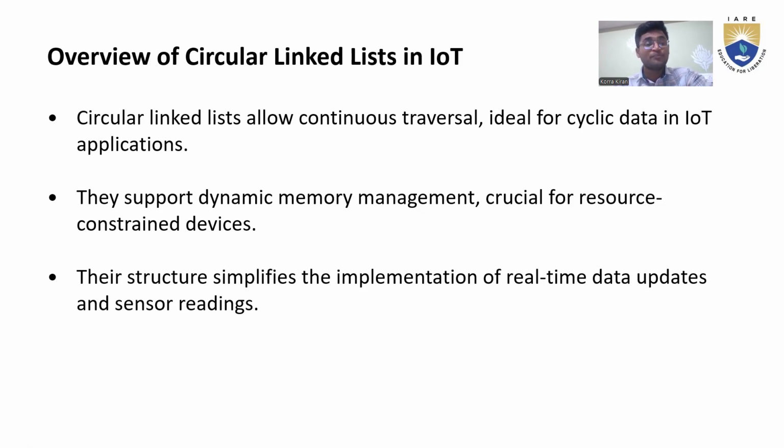One thing we can see here is supporting dynamic memory management, and another is that it is ideal for cyclic data. And its structure simplifies the implementation of real-time data updates and sensor readings. Through sensor readings, it can be amplified by the implementation of real time.